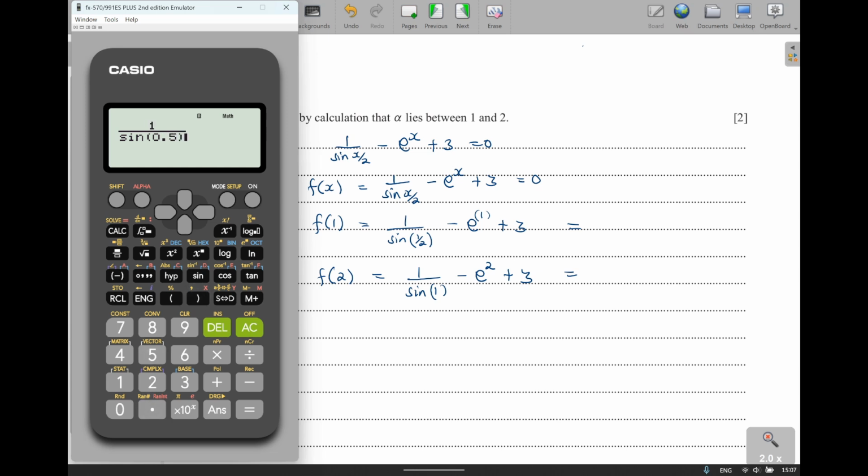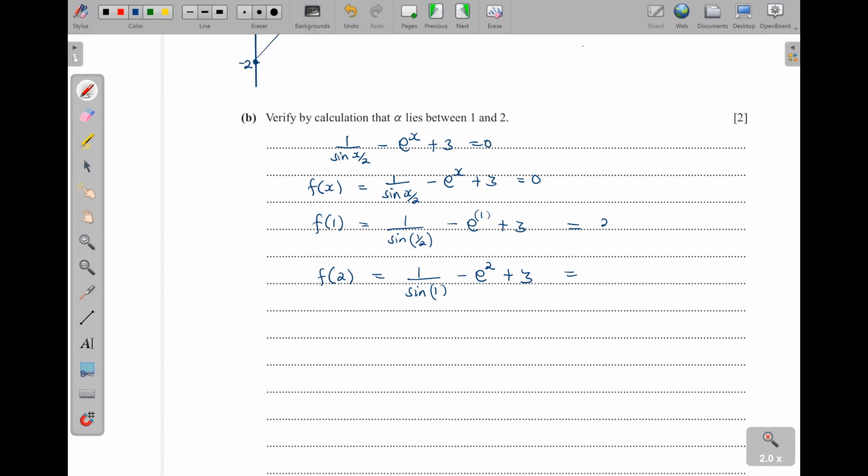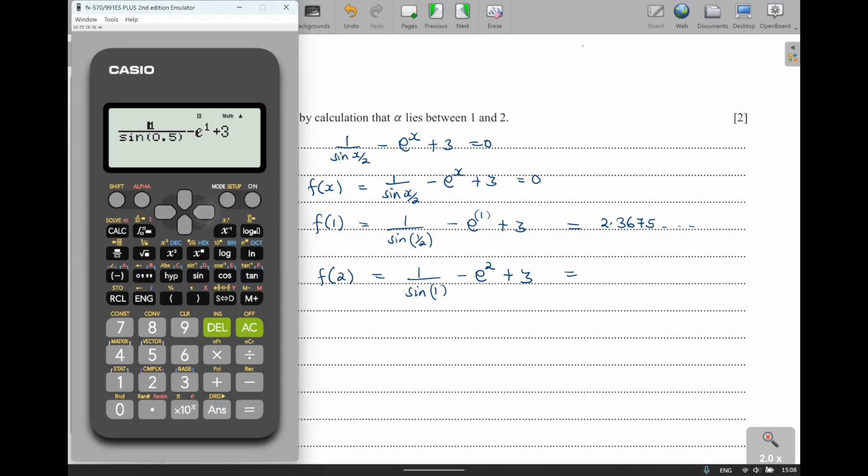Then from there, I subtract e to the power of 1, and then plus 3. So what do we get? We get 2.3675, and there are more figures. And how about when I put a 2? Here I have sine of 1, because 2 over 2 is 1, and e here is squared. So we get a negative. Do you see that one is positive and the other is negative?